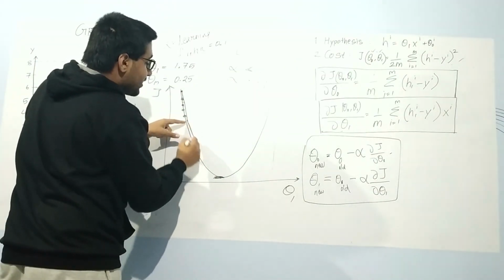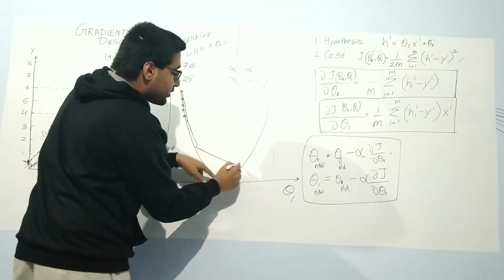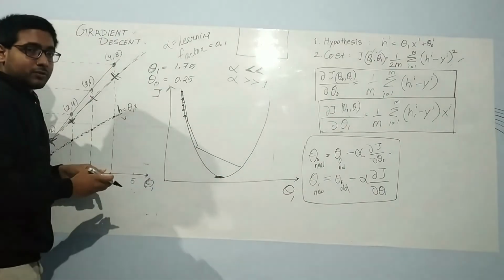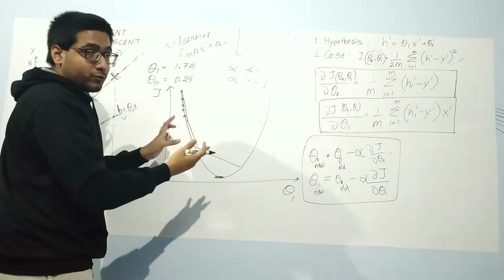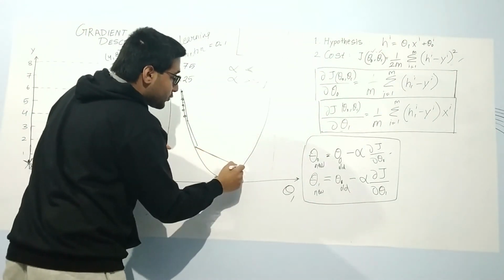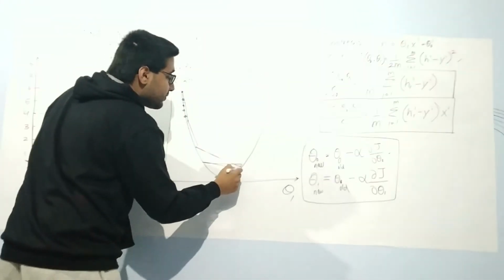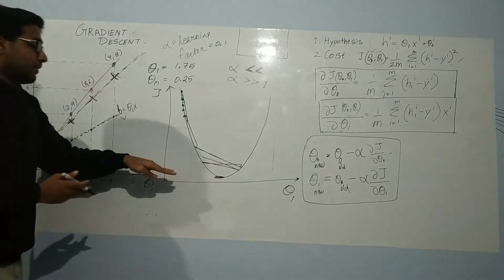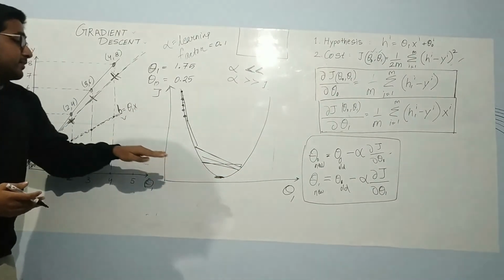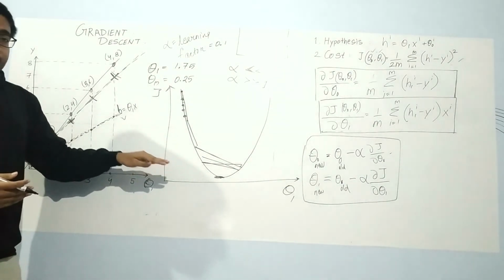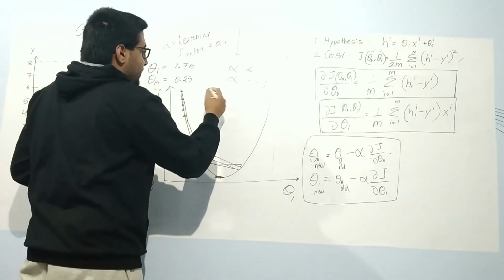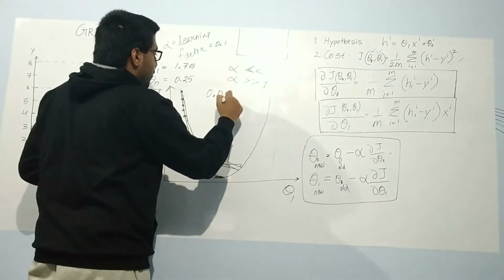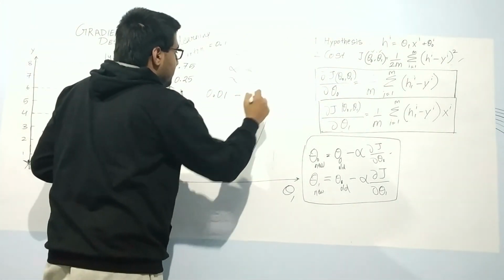There will come a point when it will overshoot the minimum, and it will keep overshooting the minimum. It will never reach the point where it is supposed to be stable and minimum. So we normally take the value of alpha to be between the range of 0.01 to 0.1.